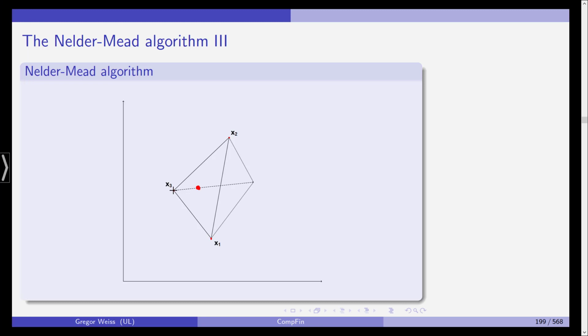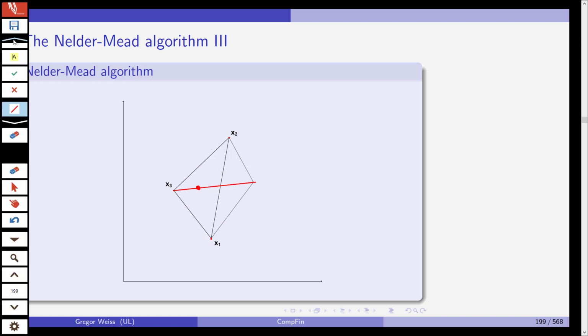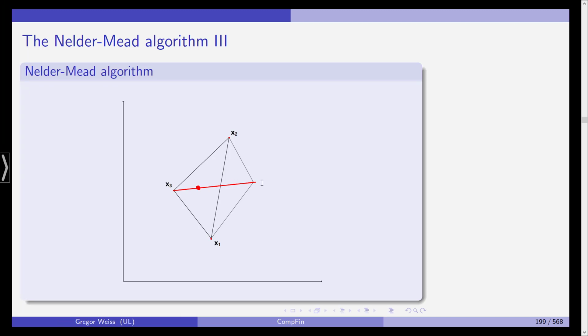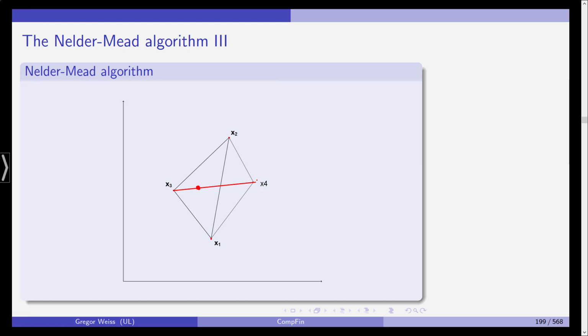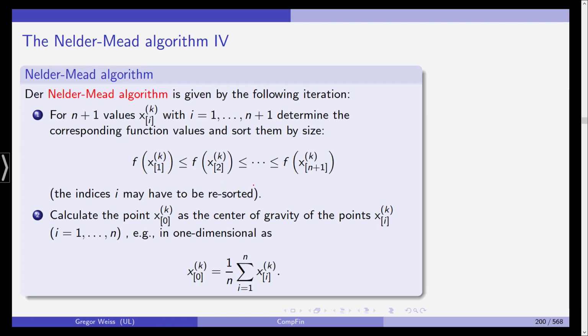Then we take out x3 and mirror it to this point, and this would be our new point, let's call it x4, and then we would have x1, x2, and x4. We evaluate the function f at these 3 points, see if x4 is a better solution, and then we continue to do this, and so on and so on. This is how it works.